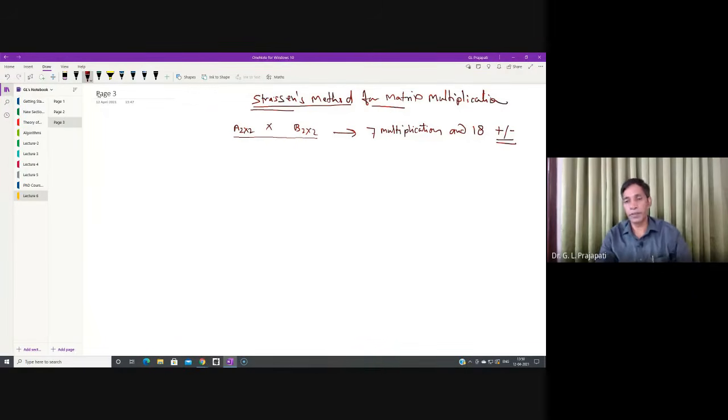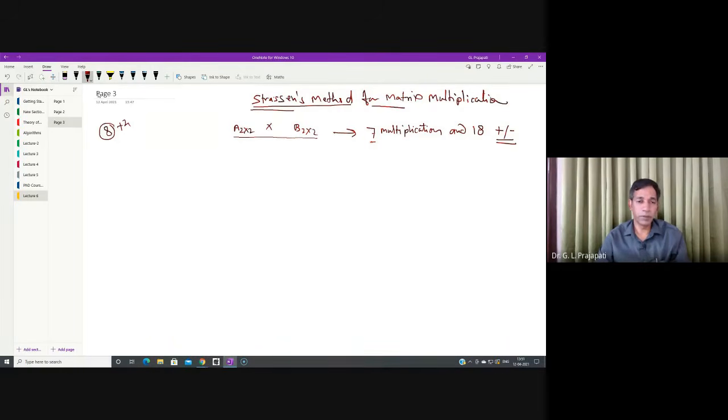So see that in case of Strassen's methodology, additions and subtractions increased, but the number of element multiplications decreased for multiplying two matrices of size 2 by 2. Here we have 7 multiplications only, and if you go for the brute force method, you need 8 multiplications and 4 additions. So Strassen is able to reduce the number of multiplications by just 1.